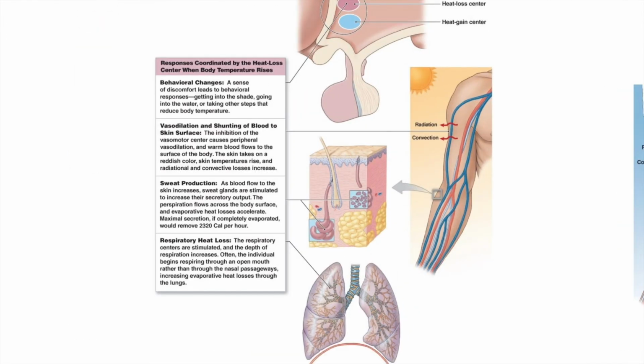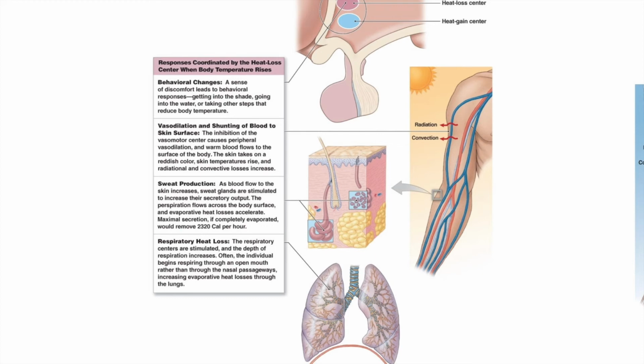Temperature changes are coordinated by the heat loss center and the heat gain center in the hypothalamus. When our body temperature increases, as we can see here, we get into the shade or into water to reduce our body temperature. We're going to send more blood to the skin. You can see the blood is now in the superficial blood vessels instead of the deep blood vessels.